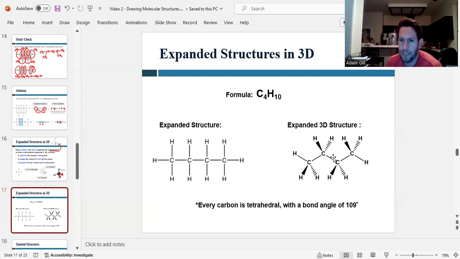Now, notice the bonds between the carbons are kinked. They have to be kinked because that bond angle is 109 degrees, right? So they make little zigzags if you look at them with proper angles. Now, I'm not going to ask you to draw these in 3D. This is just to explain where the kinks come from.